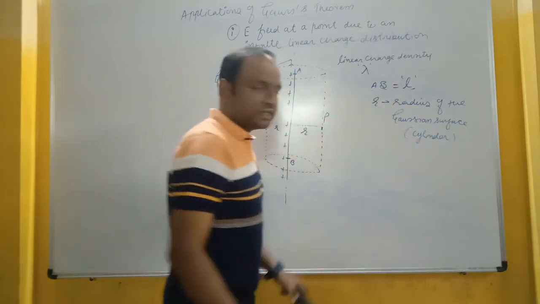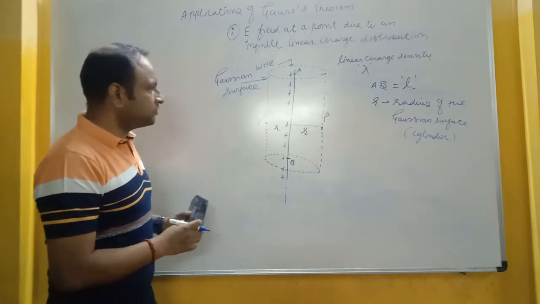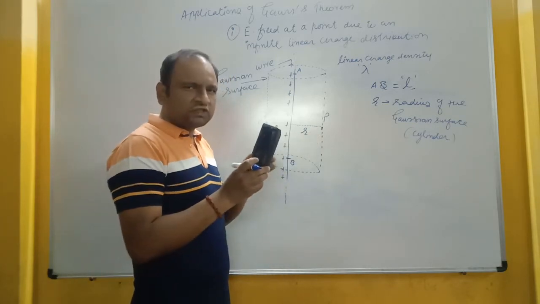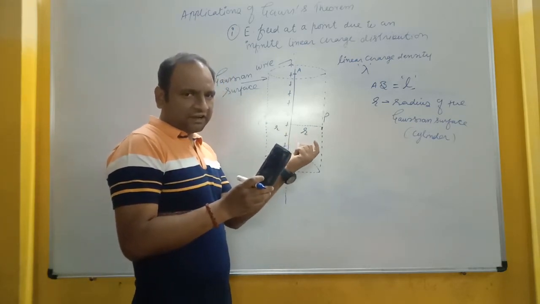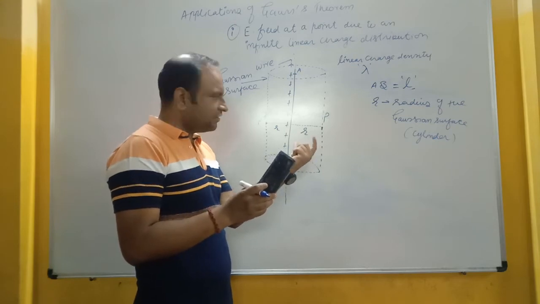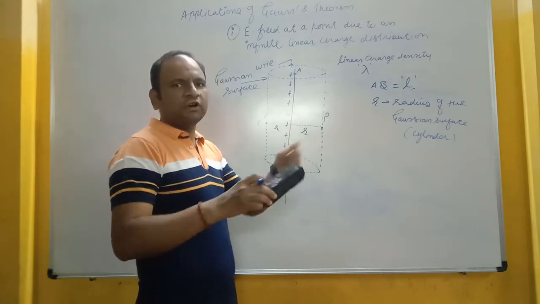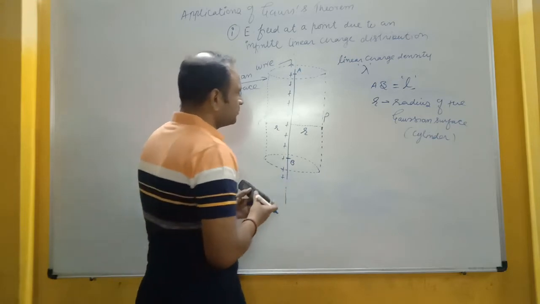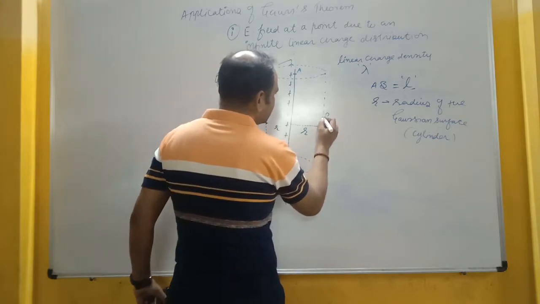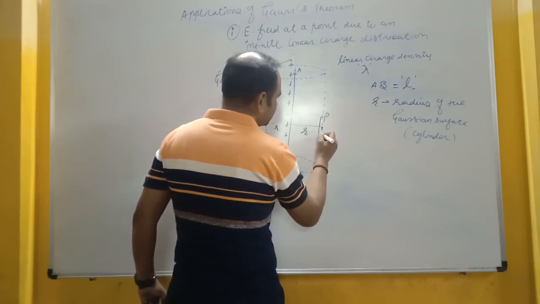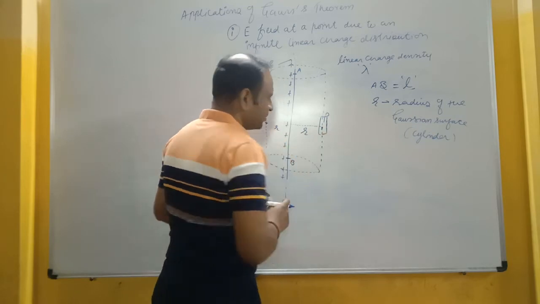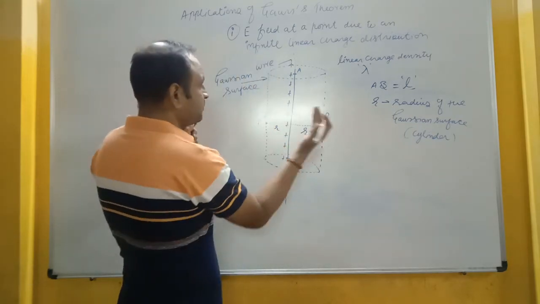At this point P, if I consider a very small area element here, yesterday we discussed the area element, a very small section of the area of a large surface, which we call the area element. So suppose I consider a very small area of this cylinder, something like this, because it is curved like this.